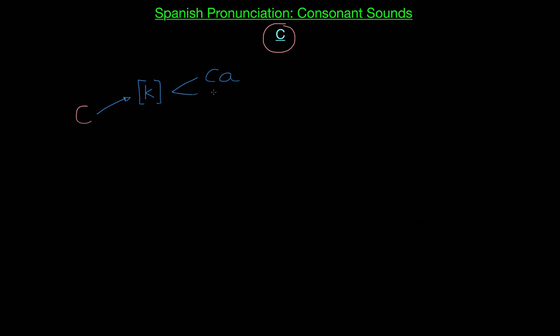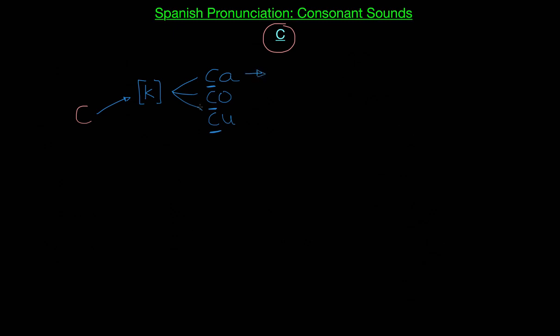When this C is before an O, ko, and when this C is before a U, ku. So this is ka, this is ko, and this is ku. Let's look at some words that contain this sound.